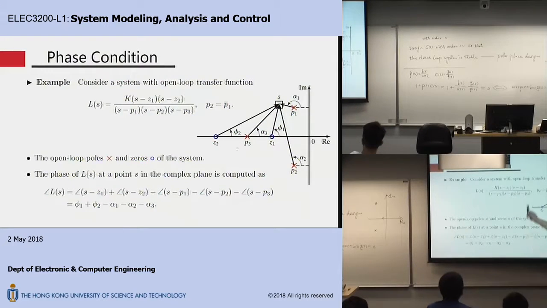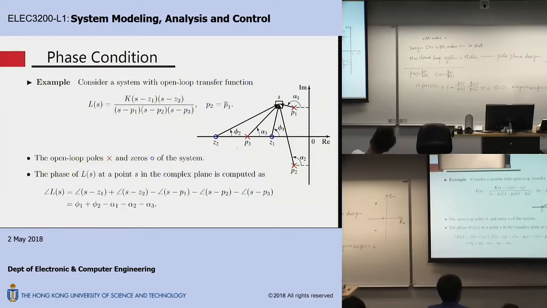Okay, now we have considered all zeros. Now let's look at the poles. For example, you have this pole. S minus this pole is this vector. When I say vector, I really mean a complex number, because a complex number is in a two-dimensional space, so it looks like a vector. So the phase of S minus P1 is this vector.